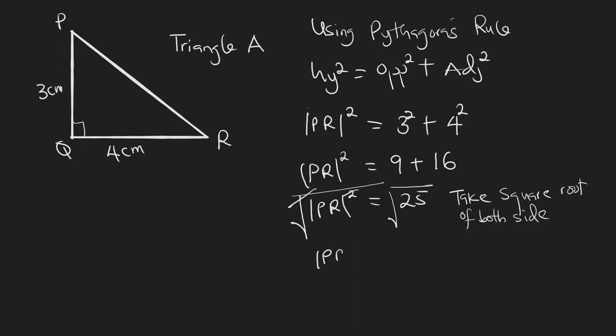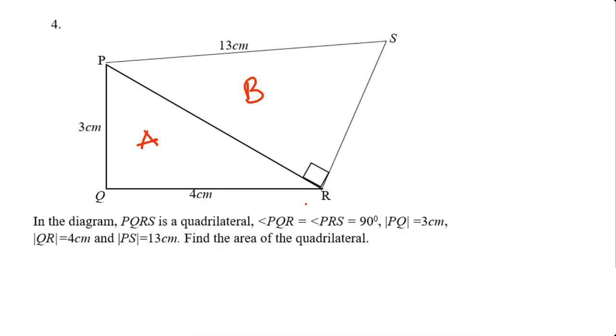Line PR is equal to the square root of 25, which is 5. So it will be 5 centimeters. So our hypotenuse is going to be what? 5 centimeters. Therefore, the height of triangle B is now 5 centimeters.